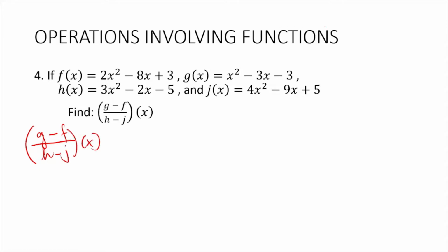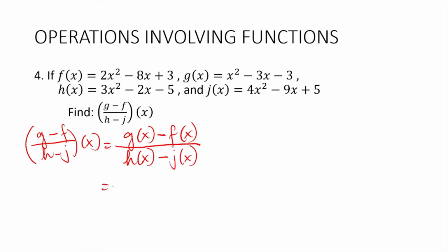Okay, so this is equivalent to g of x, and then from g of x, we subtract f of x, divided by h of x minus j of x. Okay. And then we simply plug in the equivalent expressions for all of the functions.